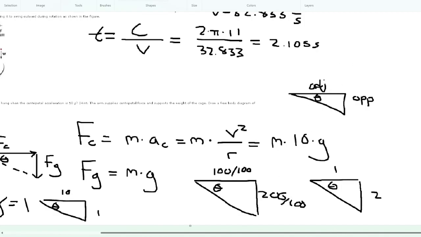So what we're going to do is to find this angle given opposite and adjacent. Tangent of theta is going to be equal to opposite over adjacent. Sine of theta is going to be equal to opposite over hypotenuse, and so on.